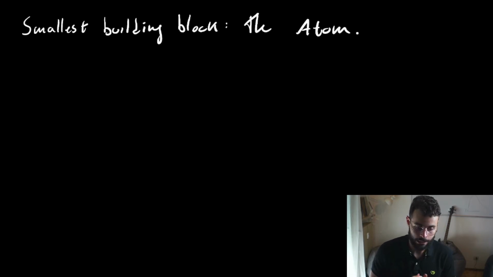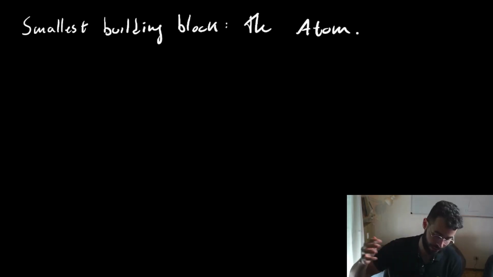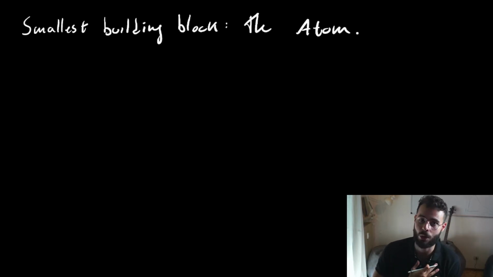An atom used to be thought of as the smallest unit of anything you see around you. But actually, the atom is not the smallest unit. The atom is made out of three things. Obviously, it's made out of more, but we need to know about three things that it is made out of.